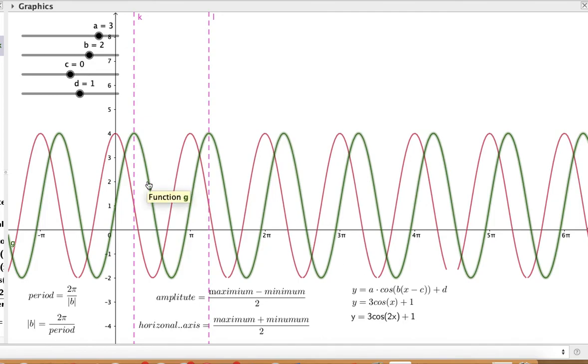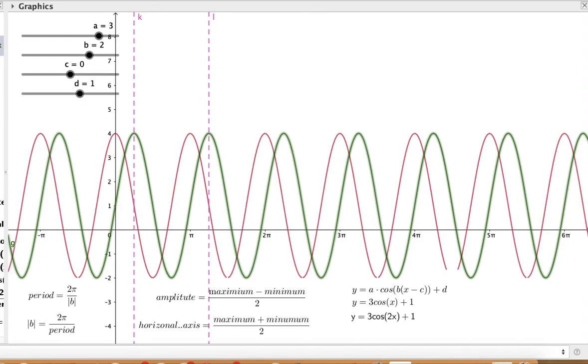I guess all we need to do is shift this over, and that's what I love about the cosine wave, is the maximum occurs at 0. How far do I have to shift this over to the right? Well, it depends where this occurs. The maximum of the green occurs at pi over 4.